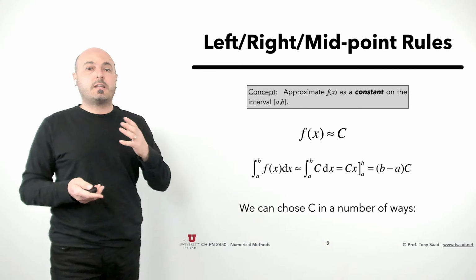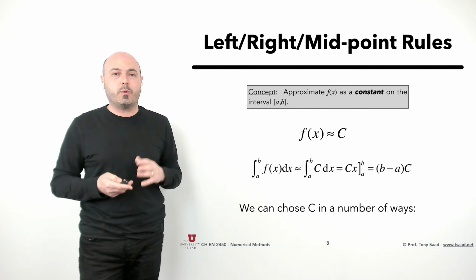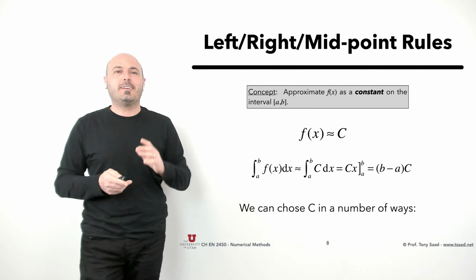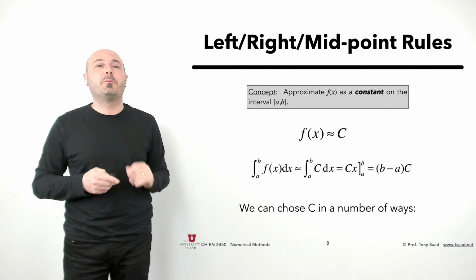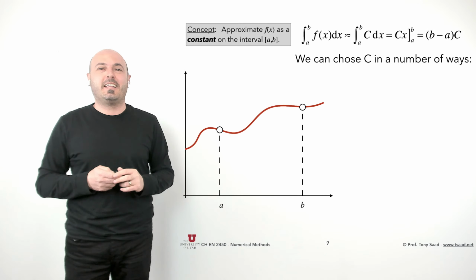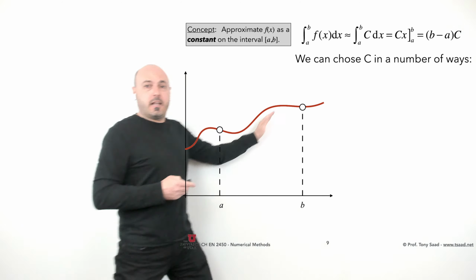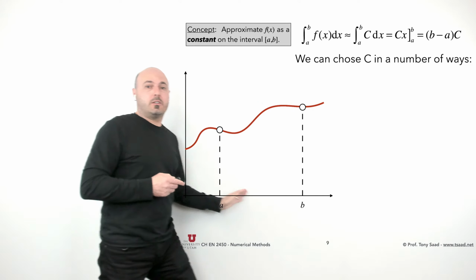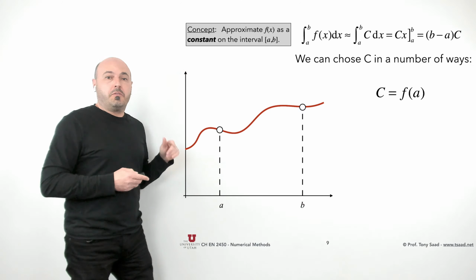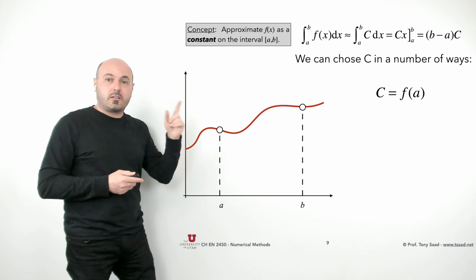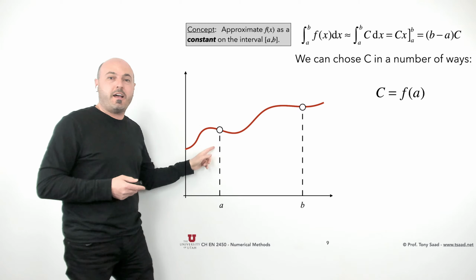Now, clearly, you could choose that constant in different ways, as will become apparent in a couple of slides. If you are taking this function and the integral from a to b, one of the choices is to choose that constant to be equal to the value of f at a.